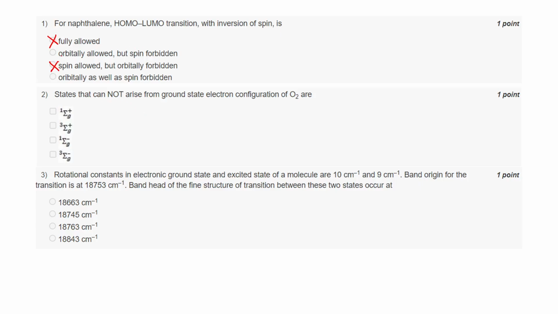Because spin is forbidden, but it is eventually going to be orbitally allowed with almost the same treatment as benzene, but the point group is different, I guess. It is not D6H. But you have to check the point group. Let us see what is the point group of naphthalene.